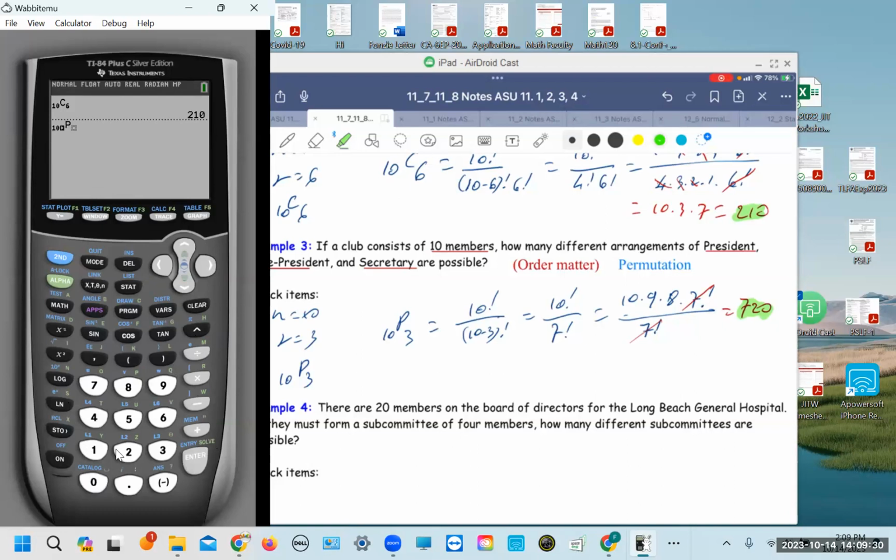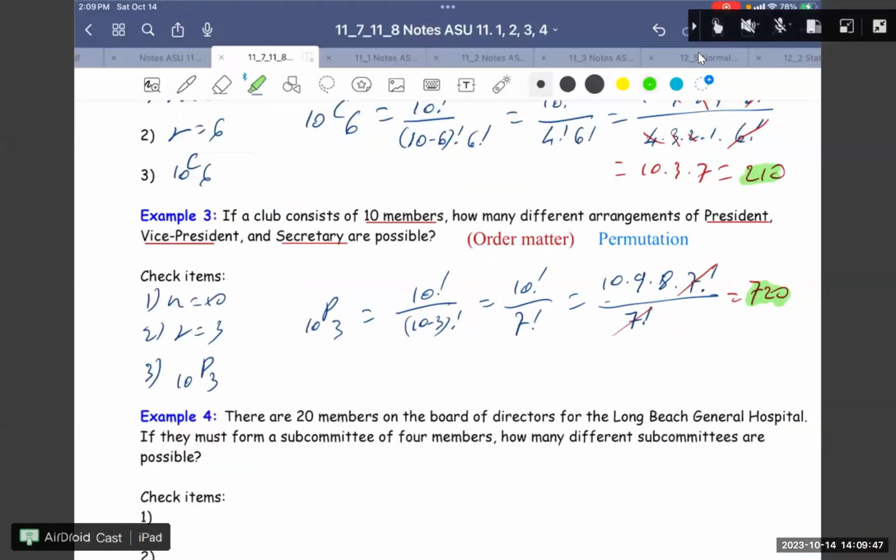I put 10, and you see the arrow, I move to here, so I get number 3. Enter. You see this? I still get the same number. Either way you can do it by hand manually, or you can use the calculator. Either one is good.